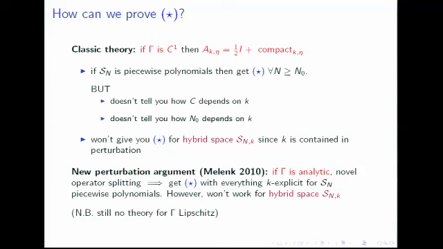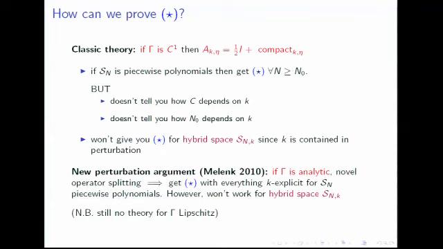However, these arguments don't tell you how the constant c depends on k or how the threshold depends on k, so they're useless from the high frequency point of view, and they also can't give you anything useful about when you use a hybrid space instead of just piecewise polynomials. And all this is because the perturbation contains k, and that's the source of the problems.